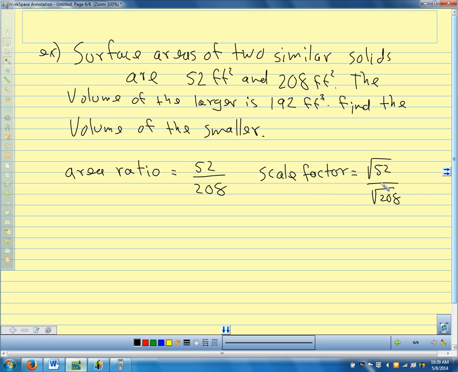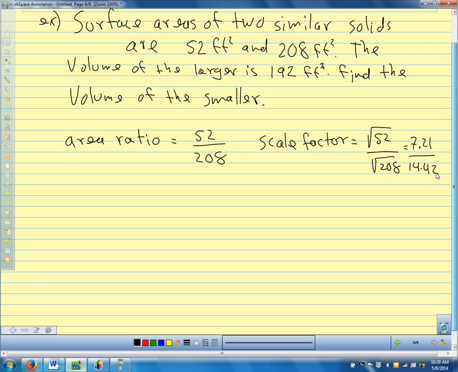Square root of 52 is 7.21. Square root of 208 is 14.42. Anybody see anything interesting about those two numbers? One half. If I double 7.21, I get 14.42. My scale factor is 1/2.